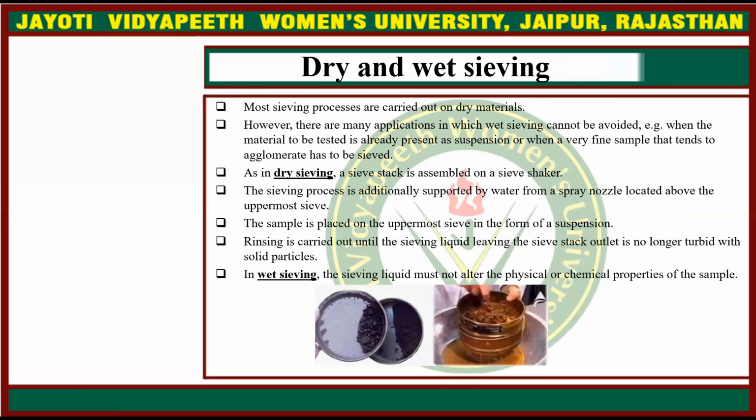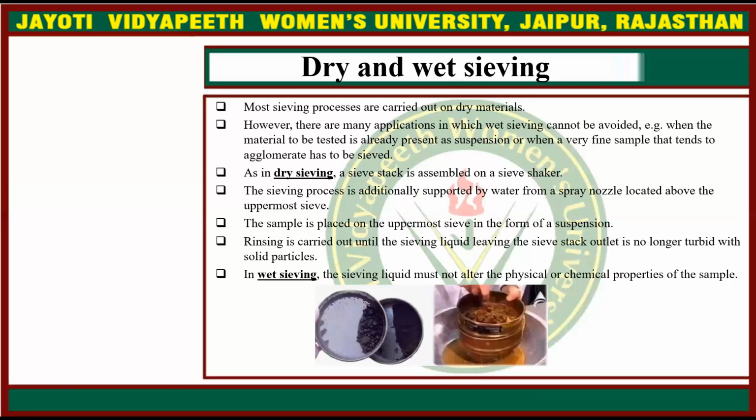Dry and wet sieving. Most sieving processes are carried out on dry materials. However, there are many applications in which wet sieving cannot be avoided. For example, when the material to be tested is already present as a suspension, or when a very fine sample that tends to agglomerate has to be sieved. As in dry sieving, a sieve stack is assembled on a sieve shaker.